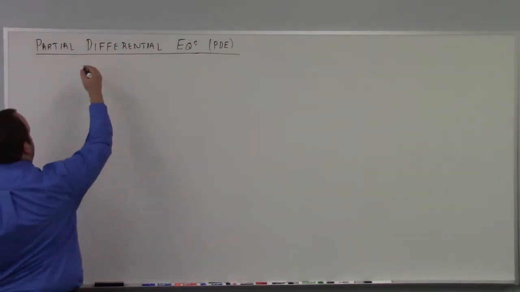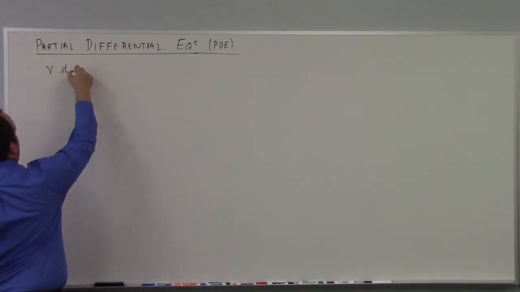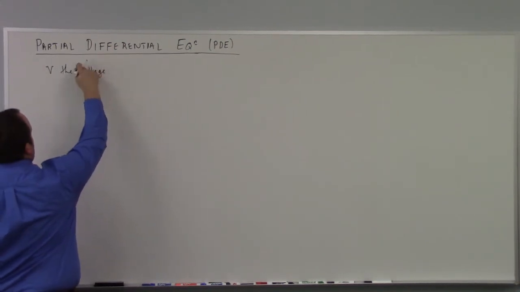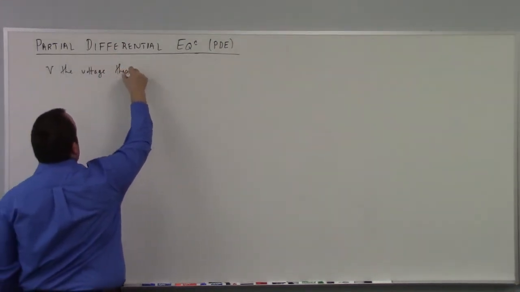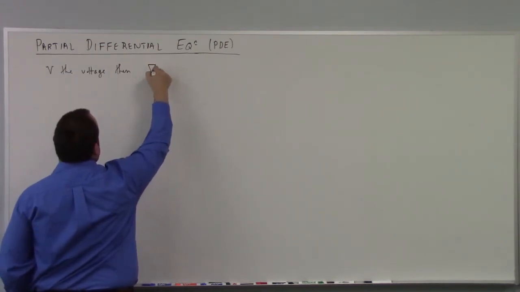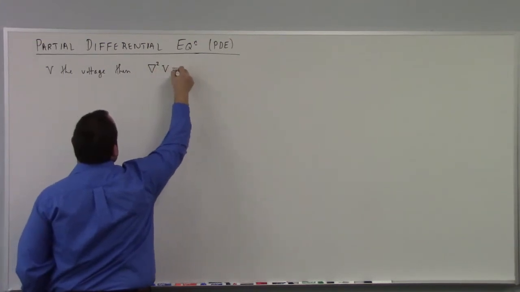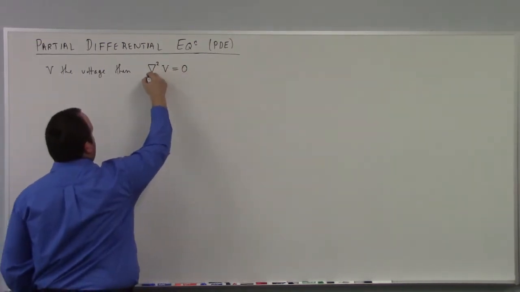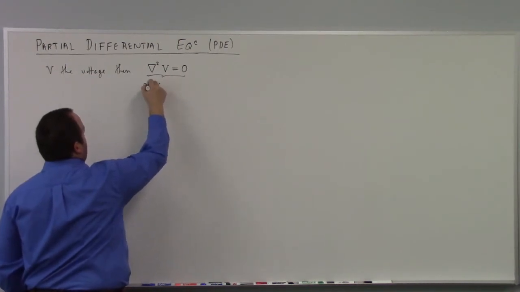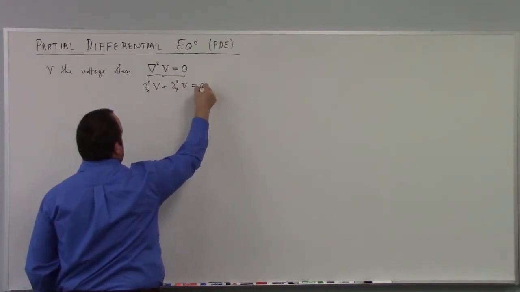So let's see here. For example, if V is the voltage, then in a region without charge, the Laplacian of the voltage has to be equal to 0. Now this right here, you could write as the partial x derivative squared plus the partial y derivative squared of the voltage equal to 0.